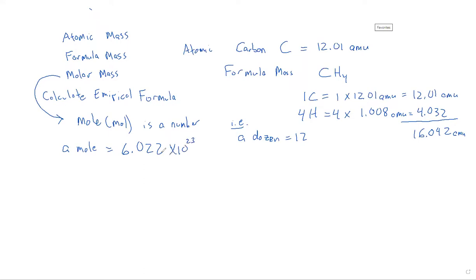Why is it so large? It's because it's used to count very, very small things, right? Things that are incomprehensibly small. It's hard to picture how small these things are. So we use a mole when we're talking about atoms, molecules, ions, electrons, things that are super small.